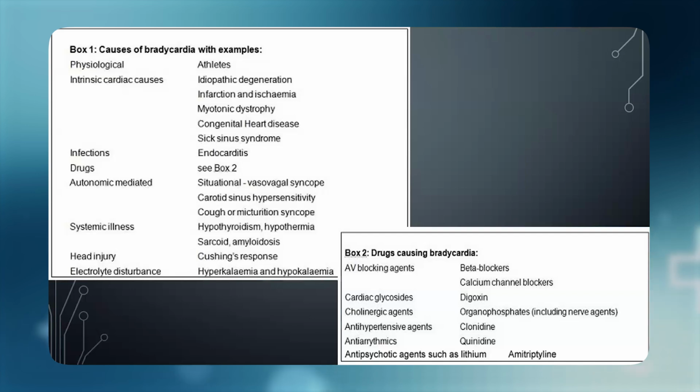Situational causes of bradycardia will involve vagal stimulation, carotid sinus hypersensitivity, cough or micturition syncope, and systemic illnesses like hypothyroidism or hypothermia, sarcoidosis and amyloidosis, which again cause infiltration of the myocardium and interfere with the conduction pathway.